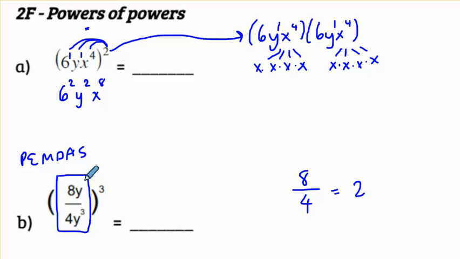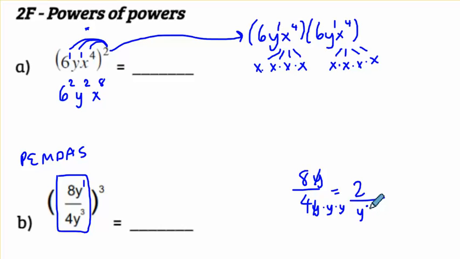Then we say, well, I know that this is really y to the first, and then I have a y to the third on the bottom. If you need to, you can think, oh, well, this is a y, and this is a y times a y times a y. And I can cancel out this one, and I'm left with y times y on the bottom, which of course is y squared.